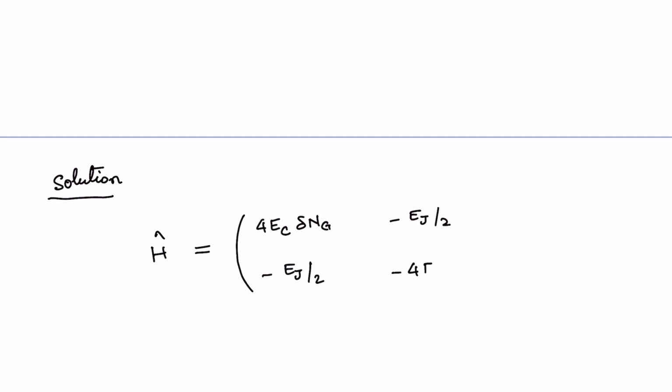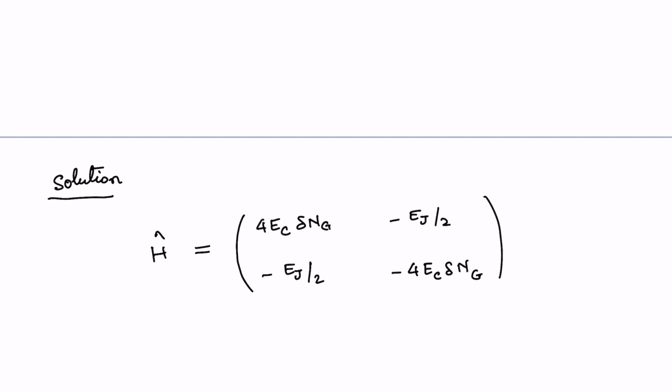We'll first write down the Hamiltonian, and we have already written down the Hamiltonian for this Cooper pair box when we operate it around the point Ng equal to 1/2. This is the Hamiltonian we wrote in our lecture classes: 4EC delta Ng, minus Ej by 2, minus Ej by 2, and here minus 4EC delta Ng.